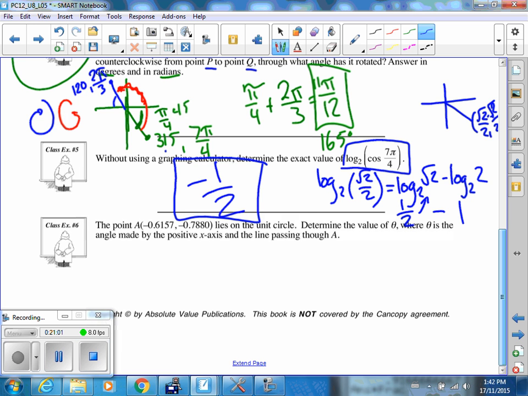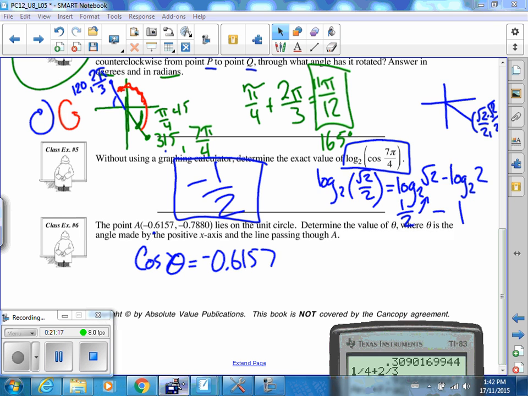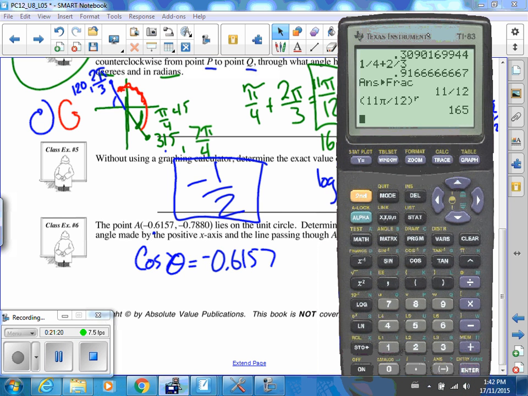Wunderbar. Unit circle. Find the thing. So if this is on the unit circle, I know this is my x. So cos of theta equals negative 0.6157. Now, I'm going to put that into my calculator. Again, I don't use the negative value, right?